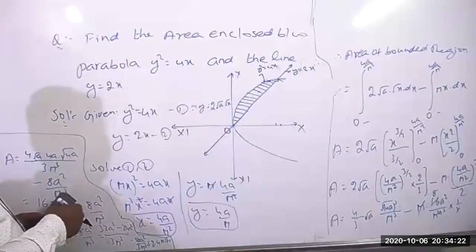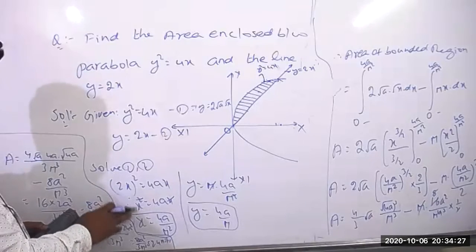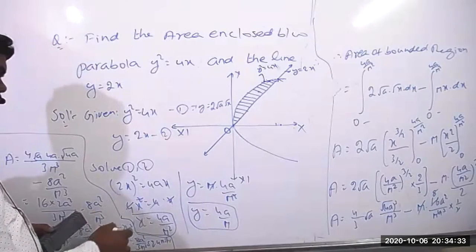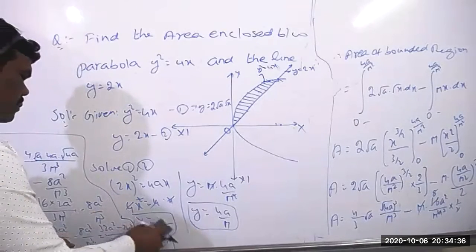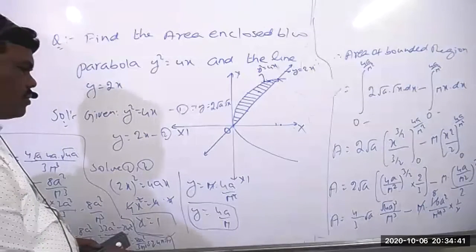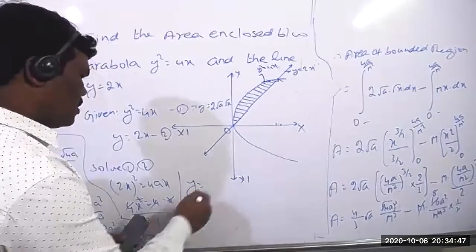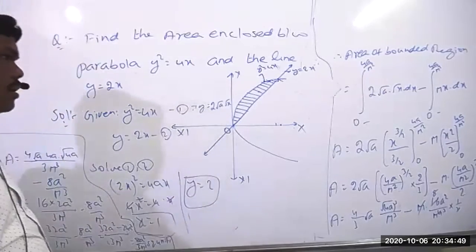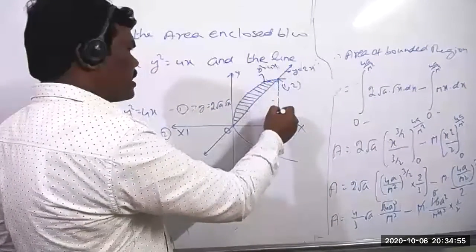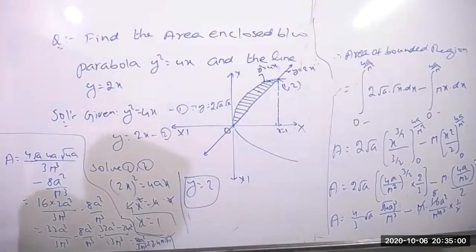Then by solving these two, here you can write 2x whole square equal to 4x, 4x square equal to 4x, and x also cancels. So the value of x equal to 1. And x equal to 1 means y equal to 2. So this point must be 1 comma 2. This is x equal to 1. The limits we have to take from 0 to 1.